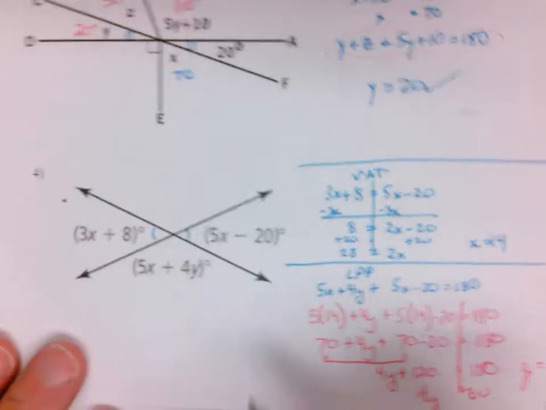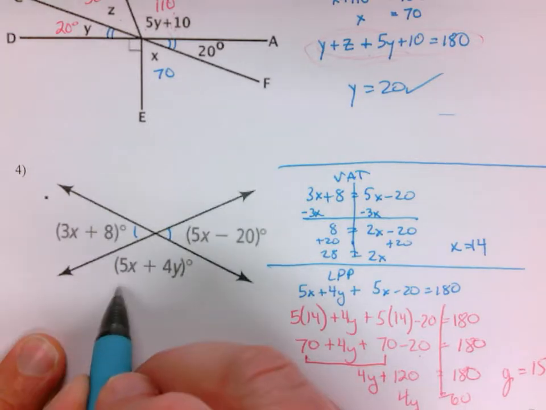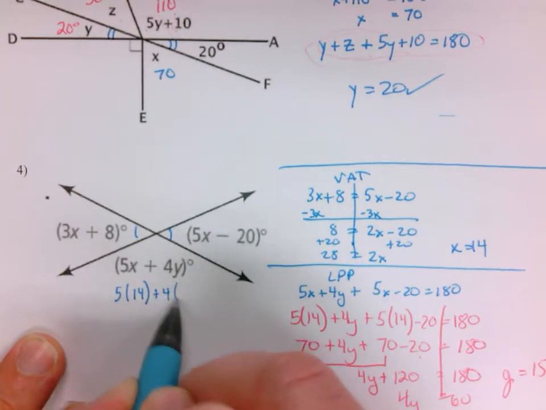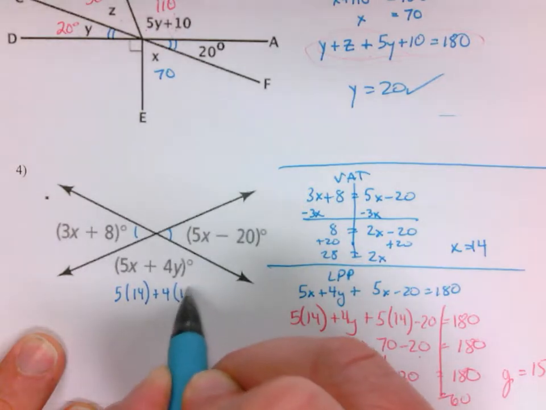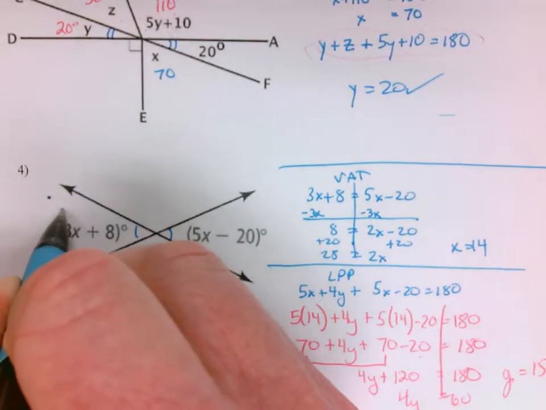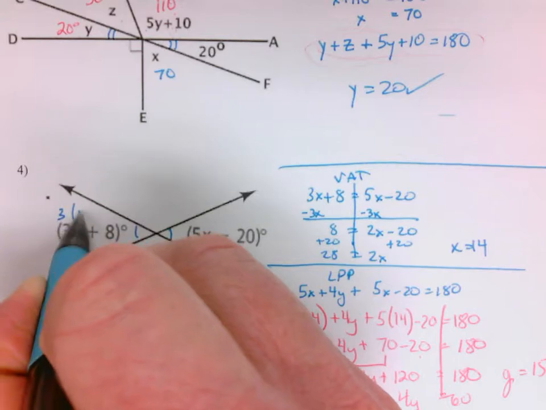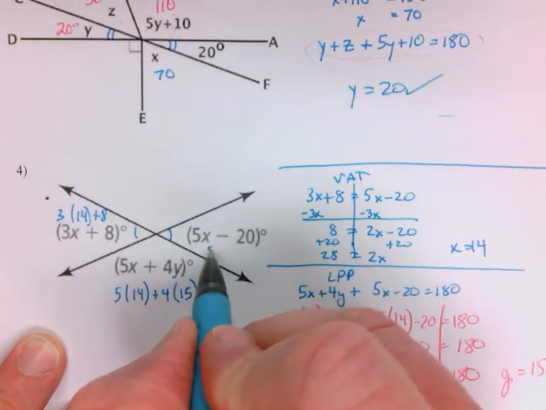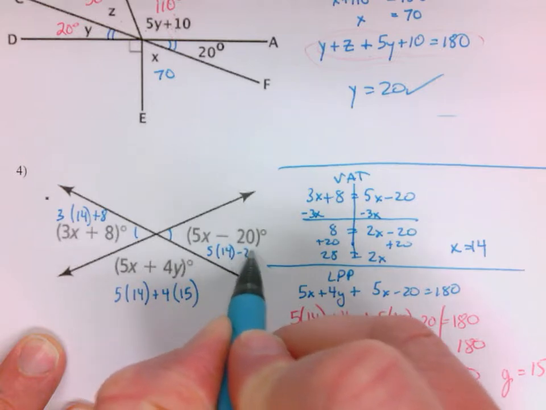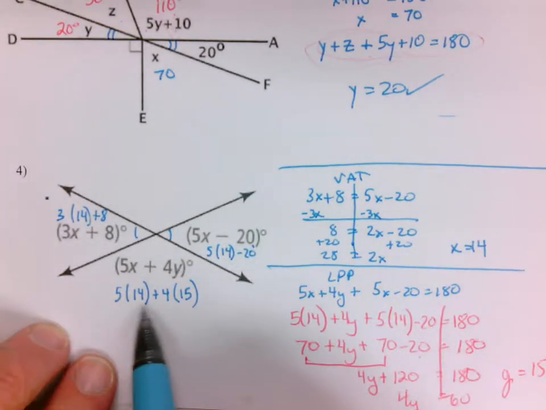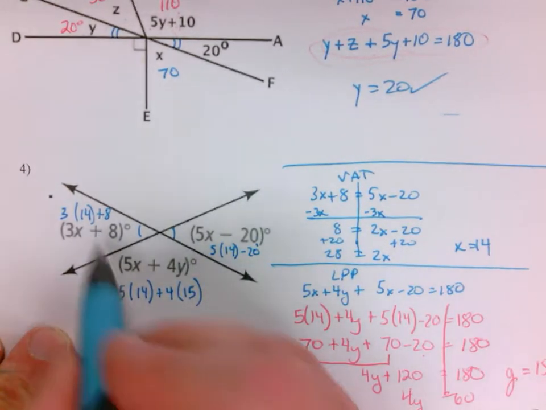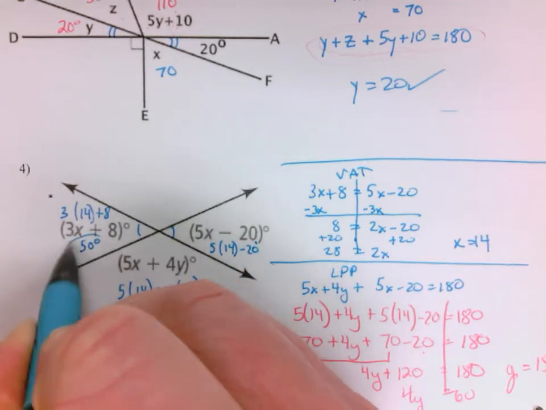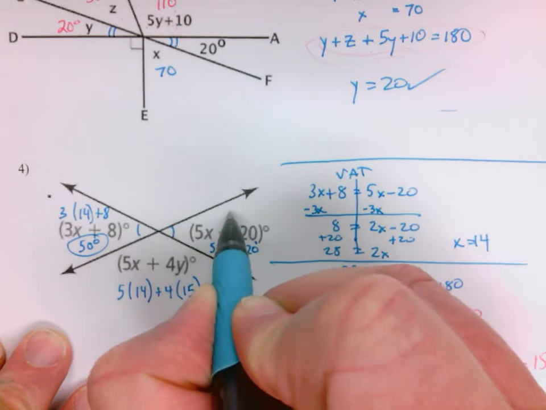Check it on your picture. 5 times 14 plus 4 times 15. 3 times 14 plus 8. And 5 times 14 minus 20. And then if you want to check and find out what those numbers are, this is 42 plus 8, this is 50. 70 minus 20 is 50, good.